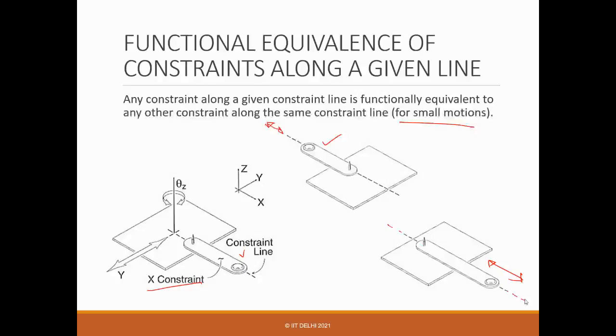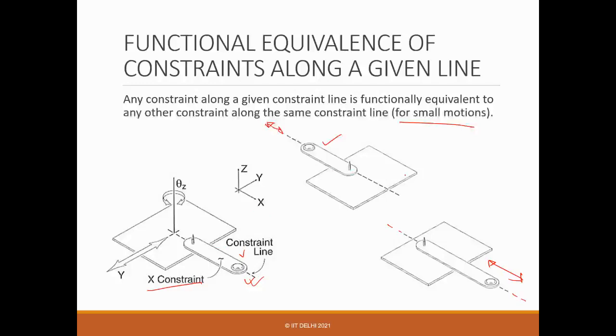And this concept can be used to design your mechanism or any device. Suppose you want to have this constraint, and you come up with this design, but later you realize that it's not going to work. So what do you do? Then you try to find some point.